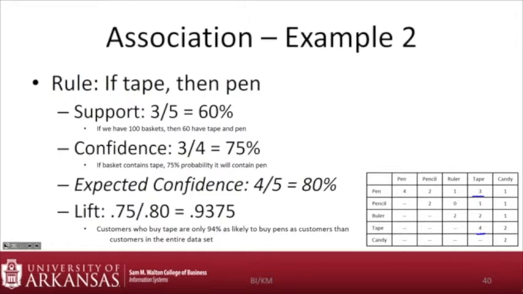Because this should actually still be 3 out of 5, and it doesn't change. The expected confidence. And this is where you guys benefit when I teach the Saturday class before I teach you.